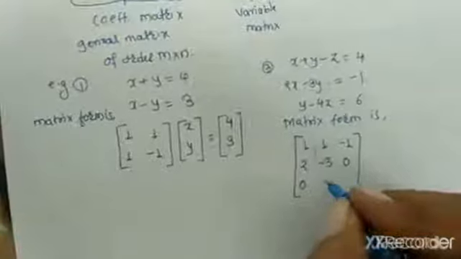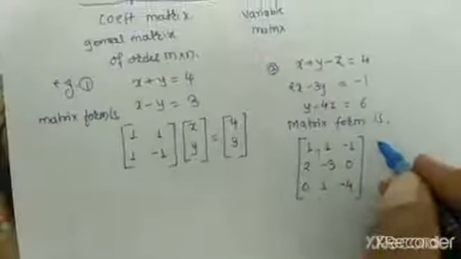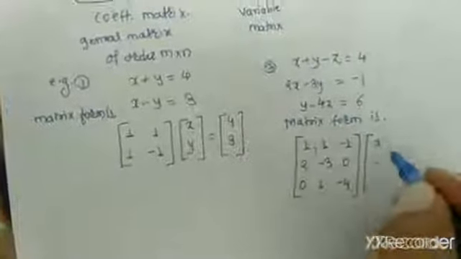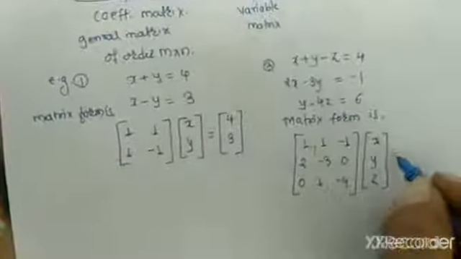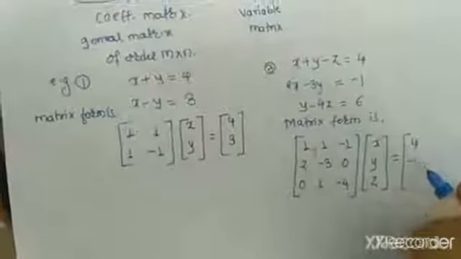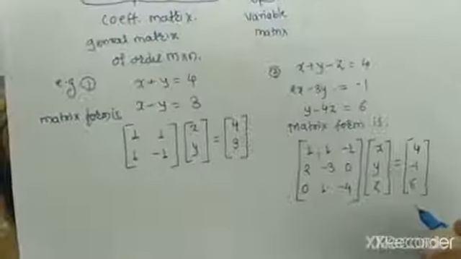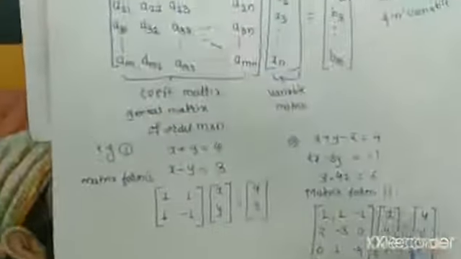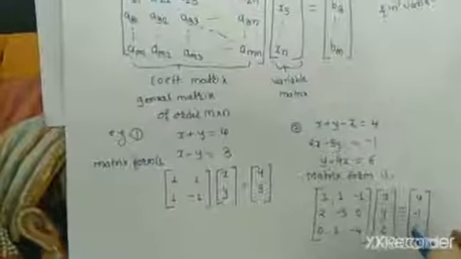The coefficient of y is 1 and the coefficient of z is minus 4. The variables are x, y and z, equal to the constants 4, minus 1, 6. This is the representation of a system of linear equations in matrix form.